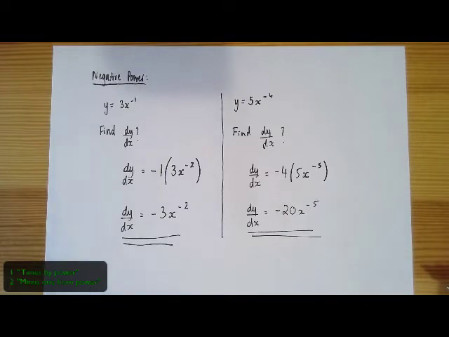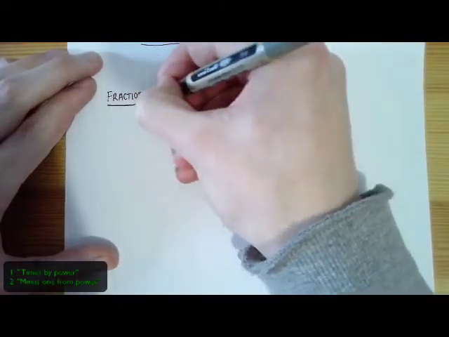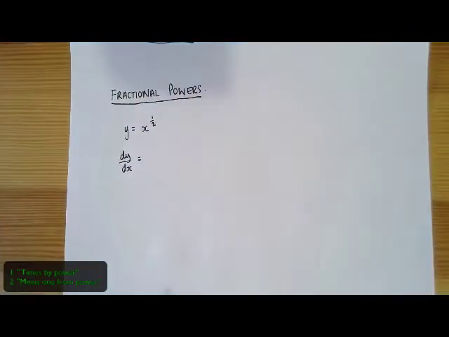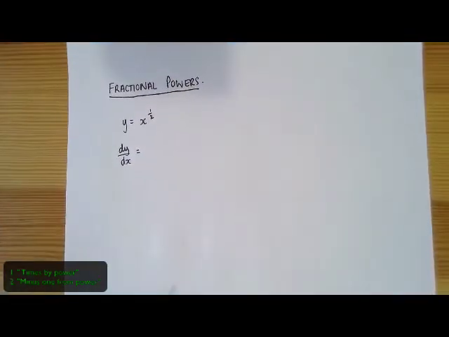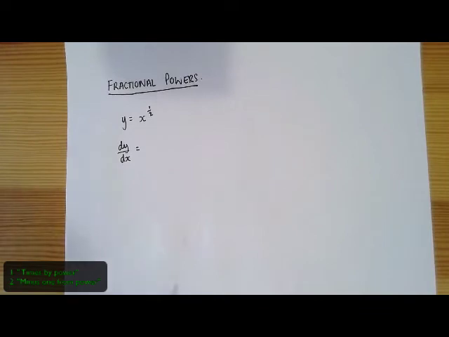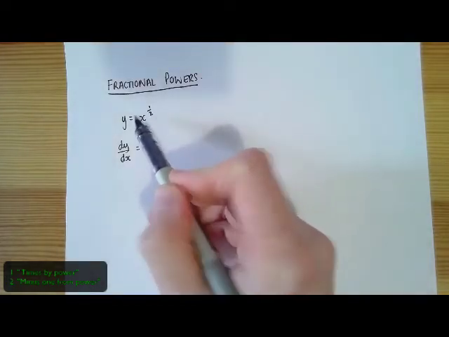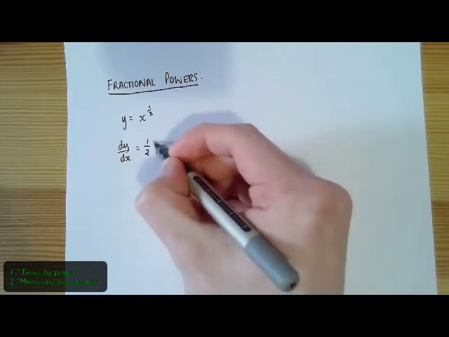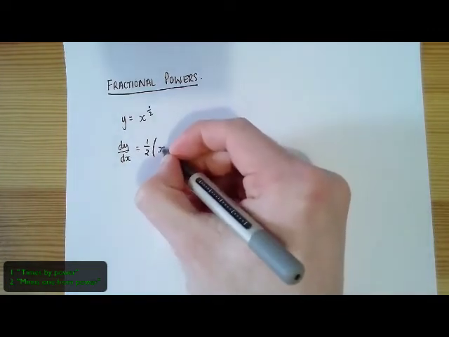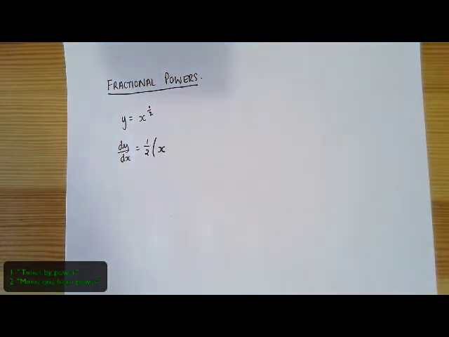Now let's have a look at when your power is a fraction. So we've been given y equals x to the half, and I want to find dy on dx. So we're going to follow the exact same procedure. This power of a half is going to multiply to the front, so we're going to get a half lots of x, and we're going to minus 1 from the power.